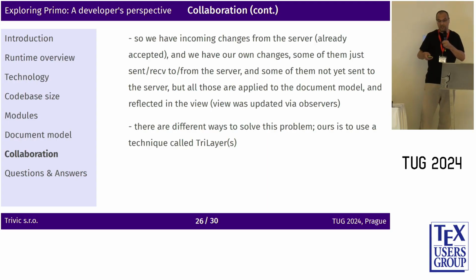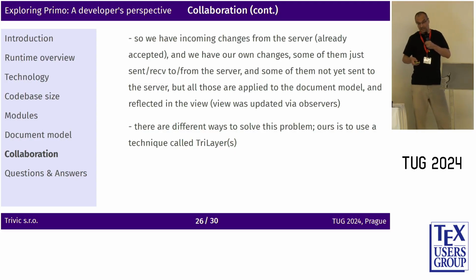So how do we apply the incoming changes from the server, which are confirmed, while we have already applied the new changes which the server doesn't know yet? There are different ways to solve this problem, and the way we solve it is the technique which we call three-layer, or three layers.